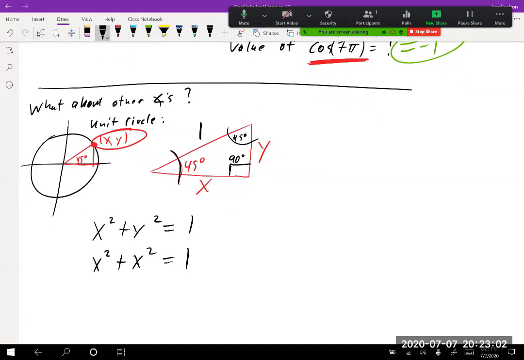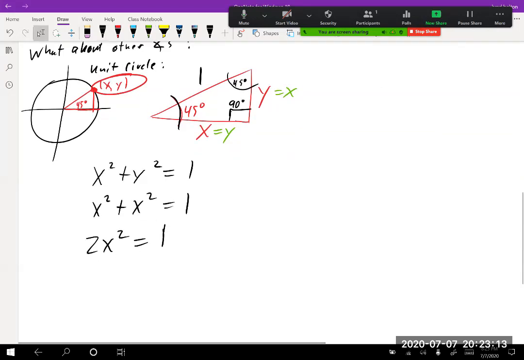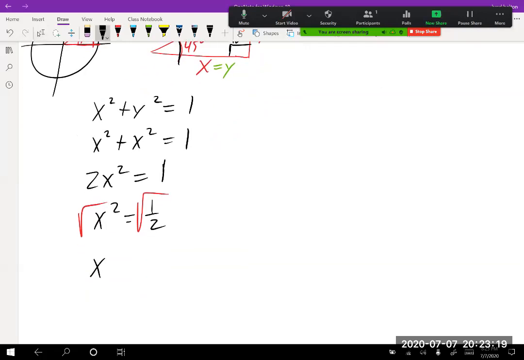Because remember, y equals x and x equals y. They have to be the same. So I just chose to use the x's. So this would be 2x squared equals 1. So this would be x squared equals 1/2. Square root both sides.